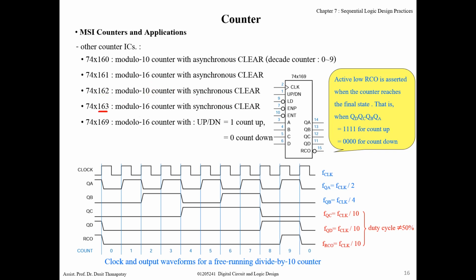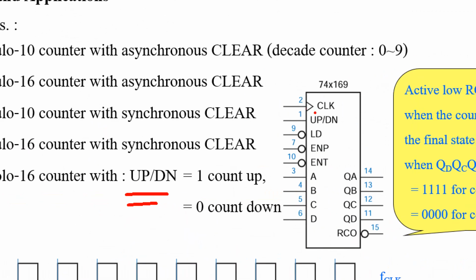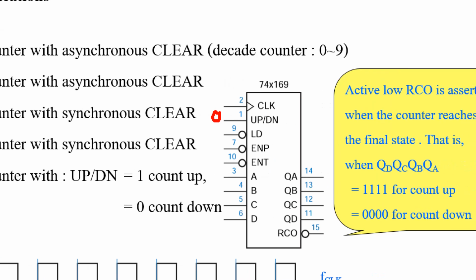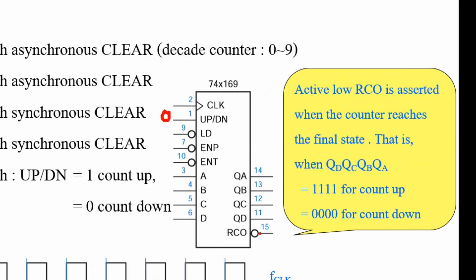And 163, you already know. 169 is an up-down counter. It has a control input, up/down. If this is 1, it will count up. If it's 0, it is in count down mode. And for RCO, this is active low. RCO will be active when it counts to the last state.